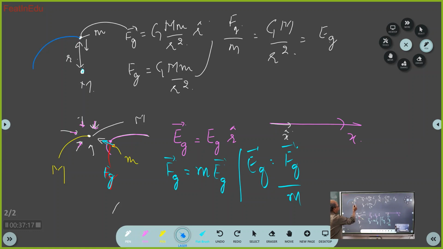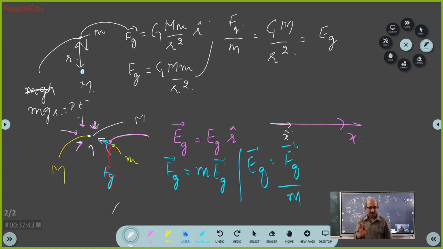If the distance is r from this point, then this body has potential energy mgh, sorry, mgr. So what is mgr? Potential energy of mass m.